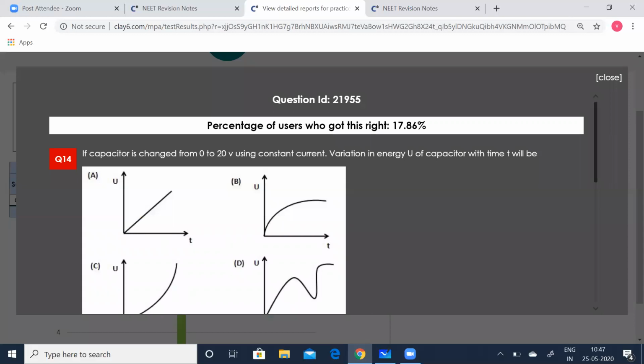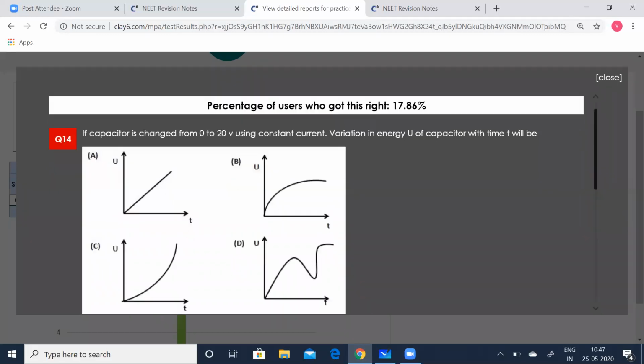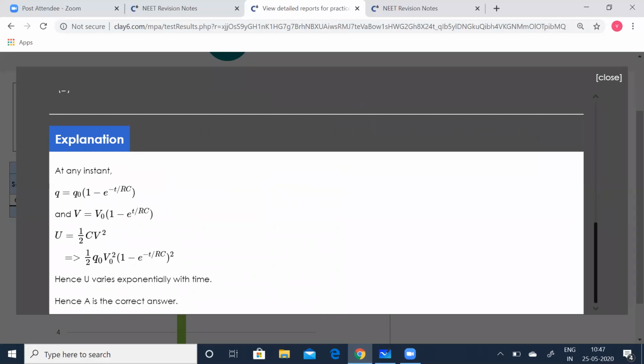Let's see, the 14th question. So the capacitor is charged from 0 to, let's see which option is correct. He says Q is equal to Q0 into e to the power of minus t by RC.